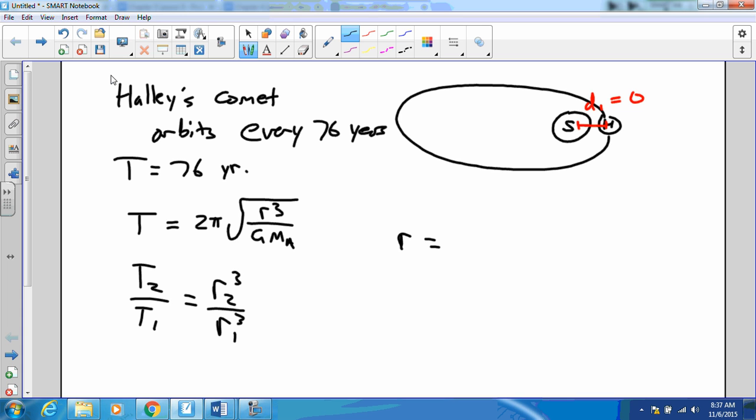Yeah, and that's the interesting thing, that if you use the bottom form, you don't need the mass of the sun, which is kind of cool. You only need to know the period of the Earth's rotation and the distance from the sun to Earth. So we're trading off one piece of information for another.